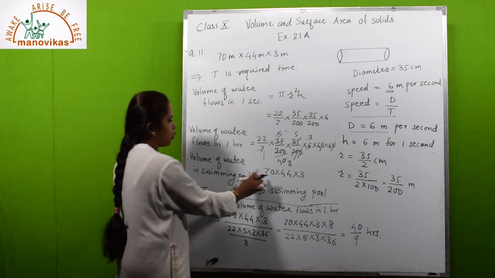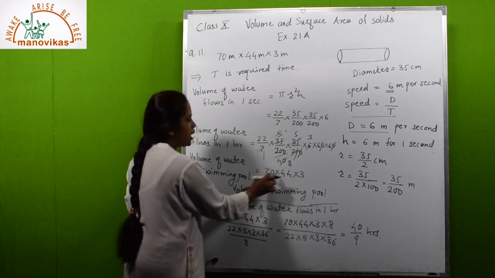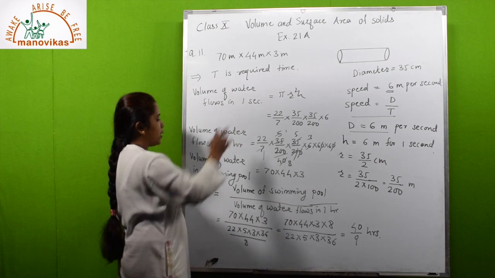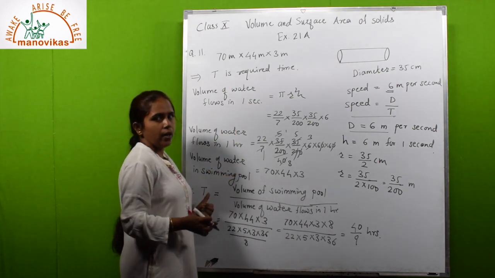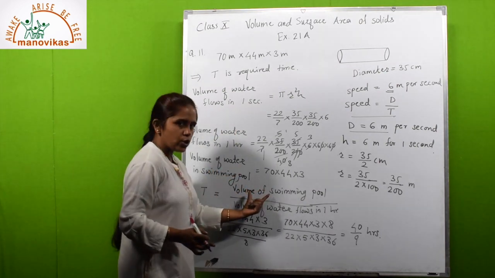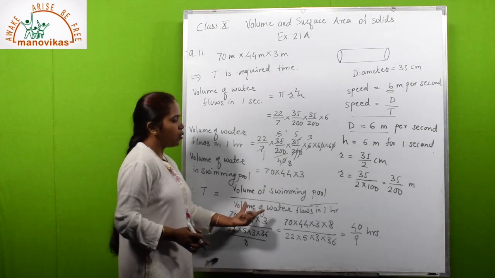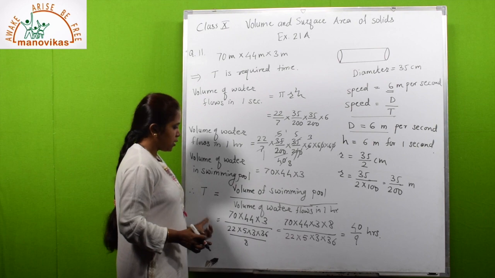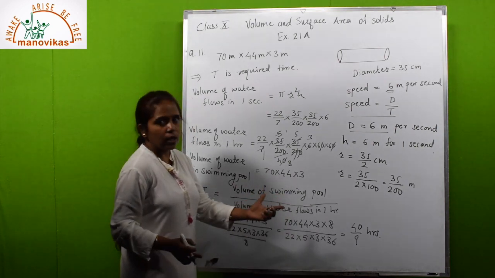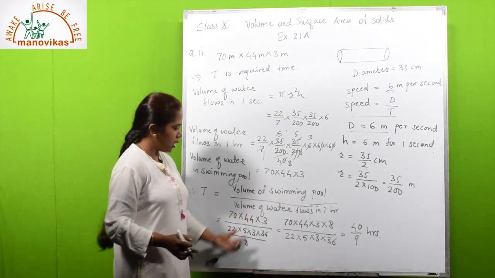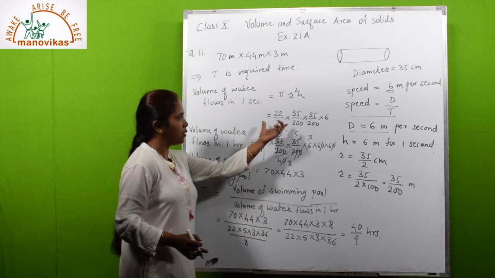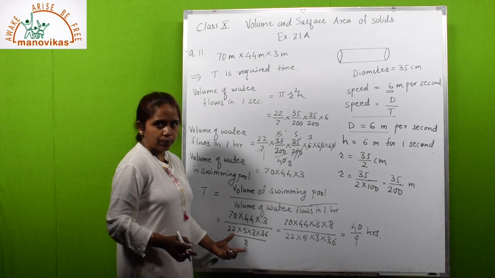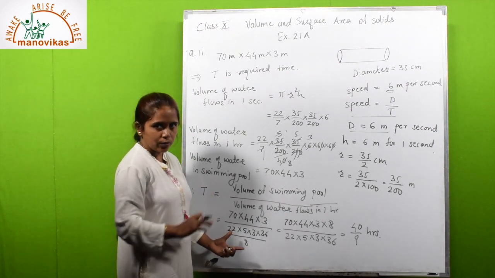But the total volume of the swimming pool is 70 into 44 into 3. So we have to find the time required to fill the swimming pool. It is nothing but the volume of the swimming pool divided by the volume of water that flows in 1 hour. So how much time is there? 40 upon 9 hours. Here also, don't calculate the values and then substitute in the formula, as it will be difficult for the division.